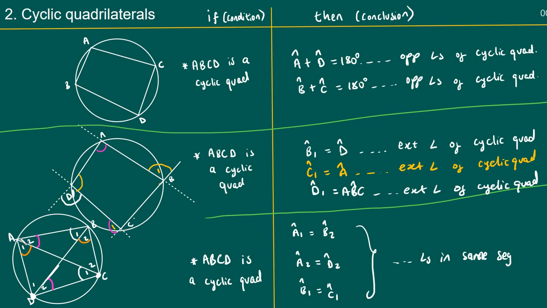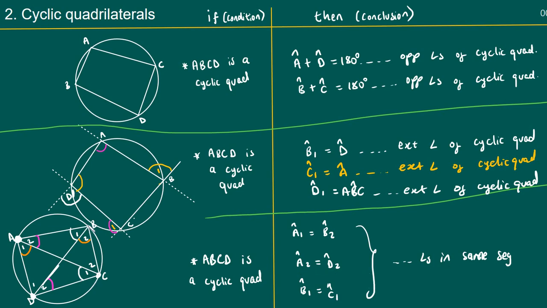Let's see again. If I move from A and D, I follow where it is going, it forms ACD, which is C1. And then if I move from the very same points to the other part of the circumference, they form B1. So that means B1 should be equal to C1. What is our reason? Angles in the same segment.